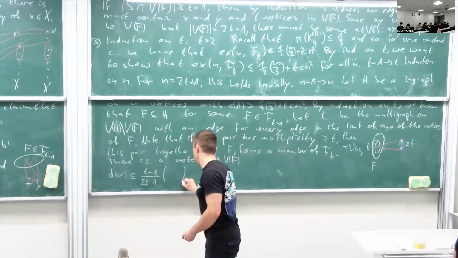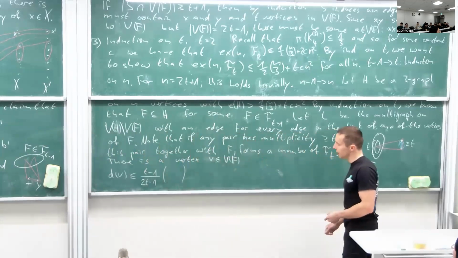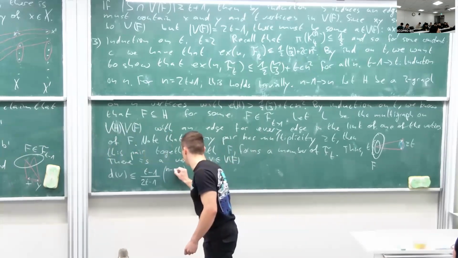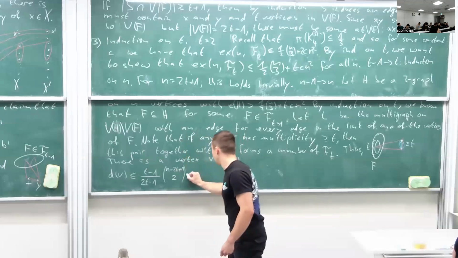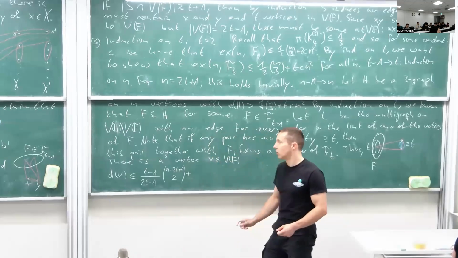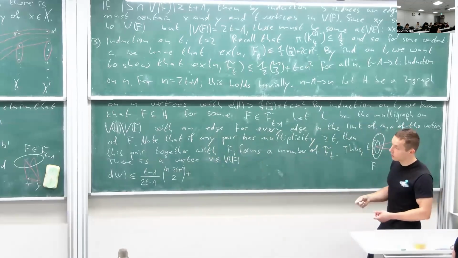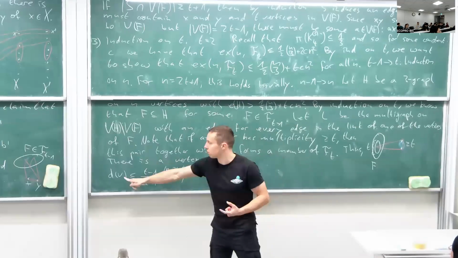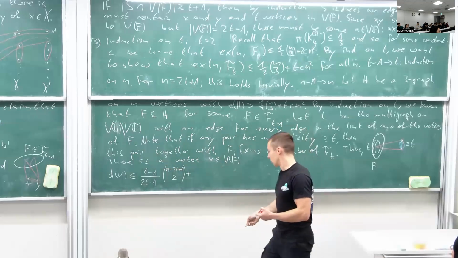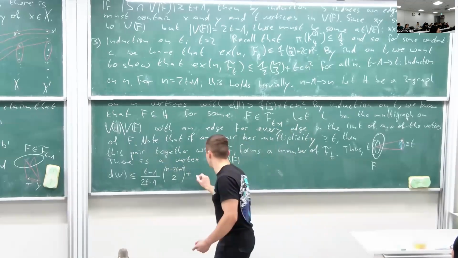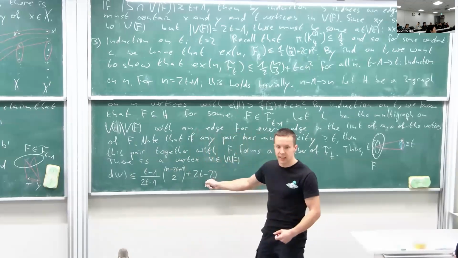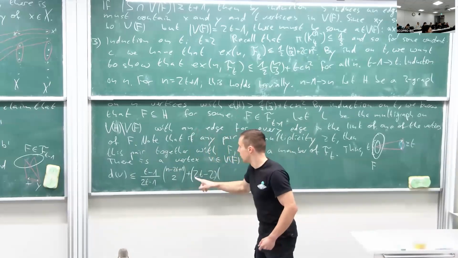And then here we have the number of pairs in the complement of F. So n minus 2t plus 1, choose 2. And then we also need to count the edges that take two vertices in F, so v and some other vertex in F, and then a vertex outside. But how many do we have of those? 2t minus 2, right? The other vertices in F times the vertices in the complement.